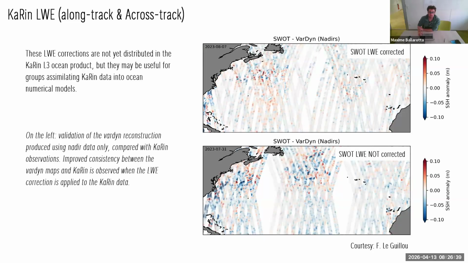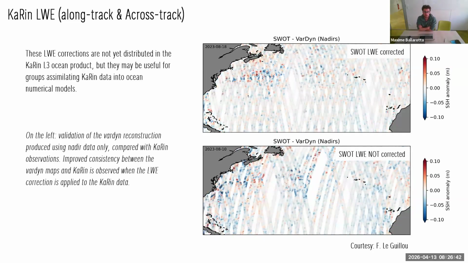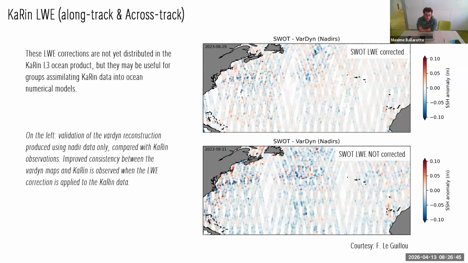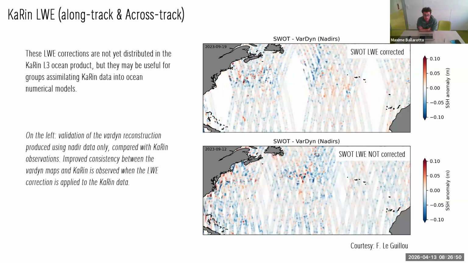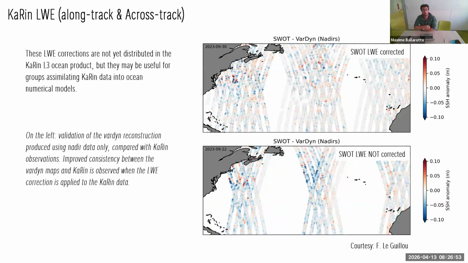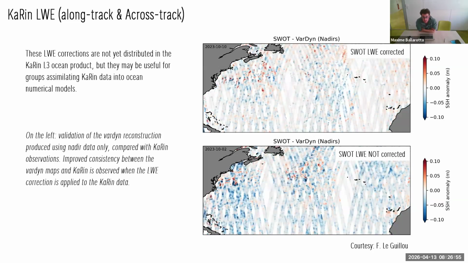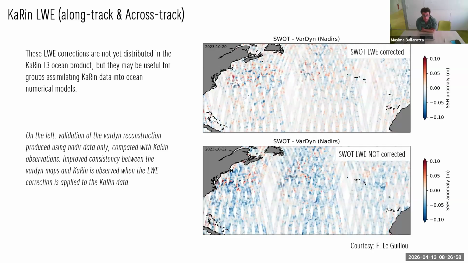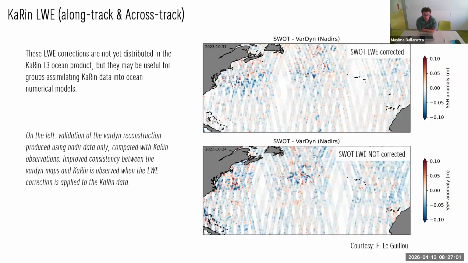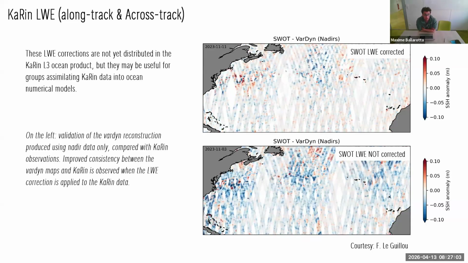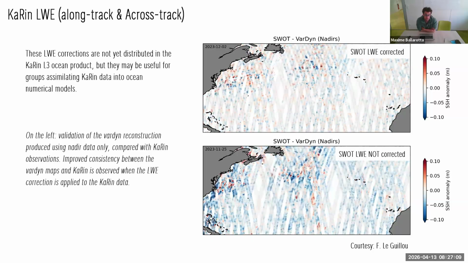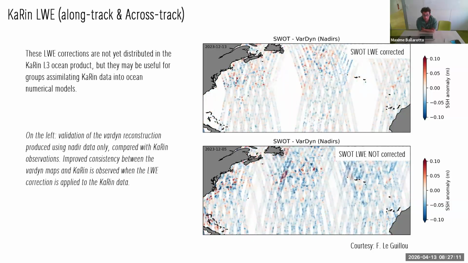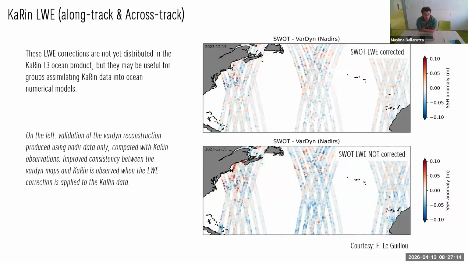Why I'm talking about that is because another application that could be useful is for the assimilation part. Here is an example that Florian Le Guillou is performing with his system, with a variational approach, where he saw potentially better benefits of using this long wavelength error correction prior to the assimilation in his system.